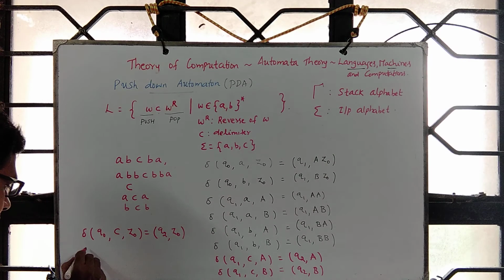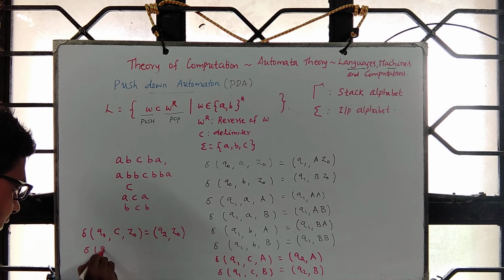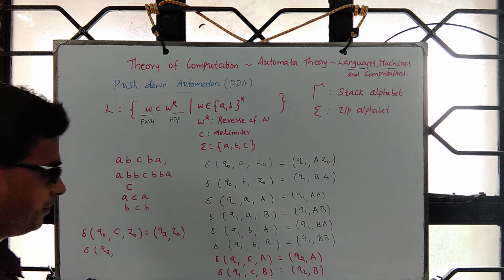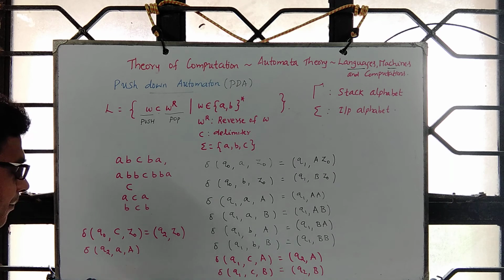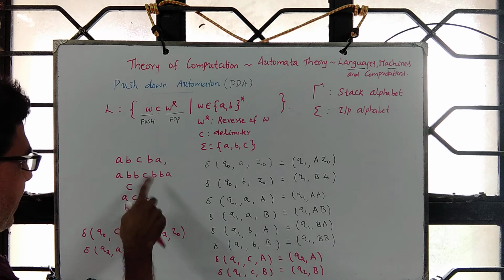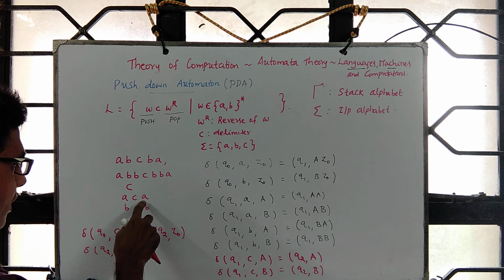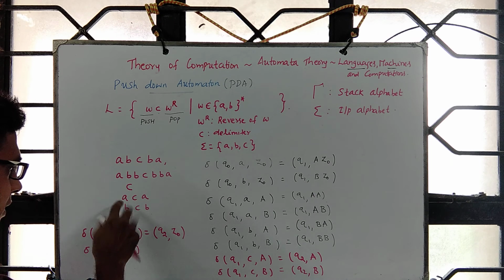Fine. Now delta of, I am in Q2, we read small a, top symbol is capital A, which means there is a match. We read A and top symbol is capital A, which means this and this.